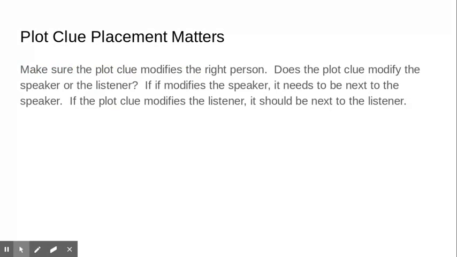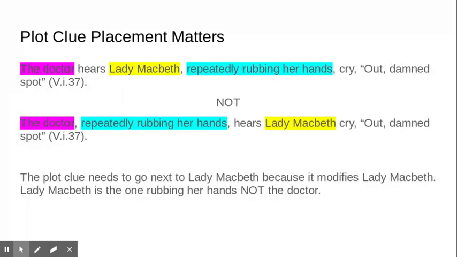When you put a plot clue in a sentence, it does matter where you put it in the sentence. Typically, the plot clue modifies the speaker, but it's not always the case. Wherever you do put it, however, it needs to be next to the thing that it does modify. So here we have a sentence about Macbeth. Our speaker, Lady Macbeth, is rubbing her hands, right?